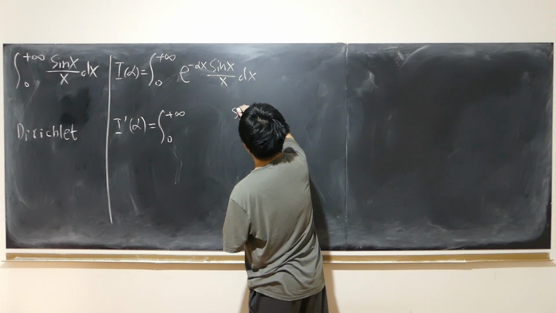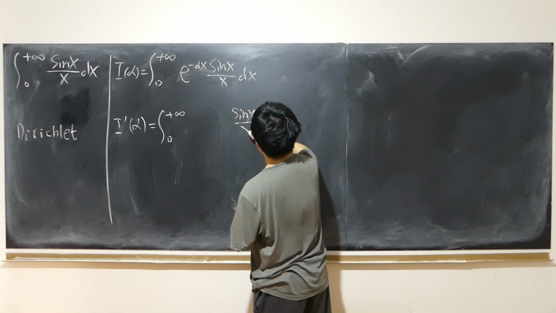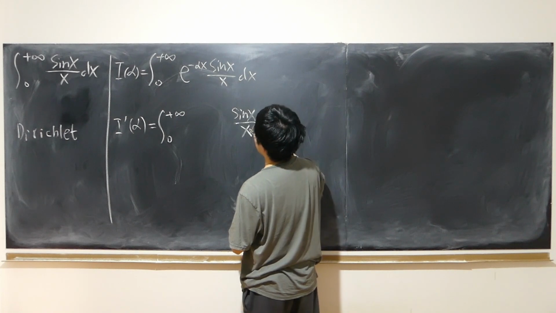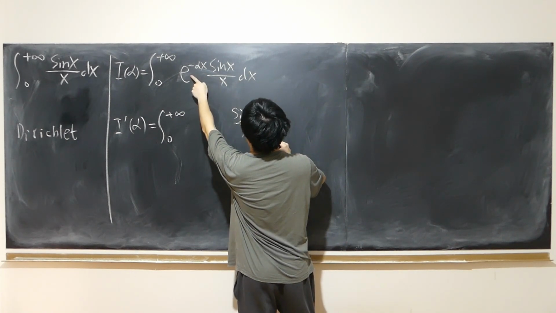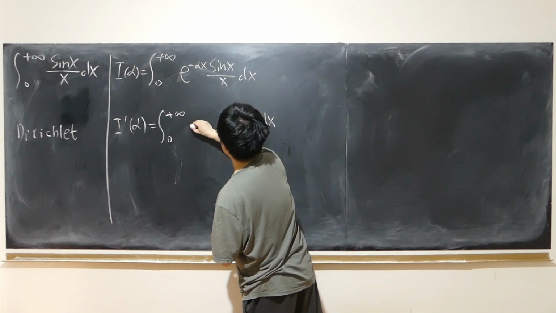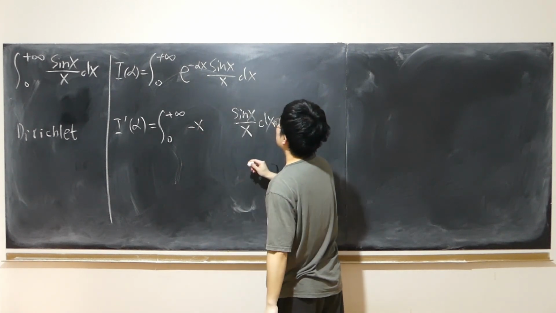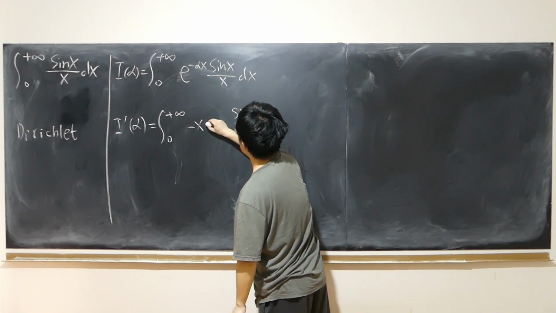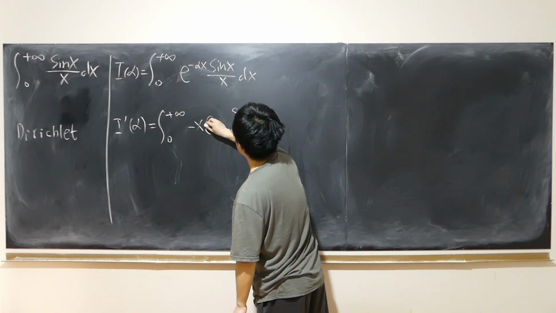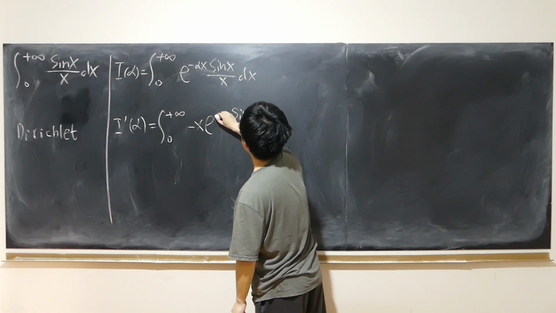Now, using the chain rule, again x is a constant, so negative x comes out, then I multiply by itself, e to the negative alpha x.